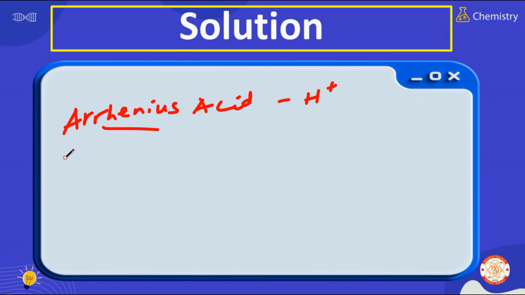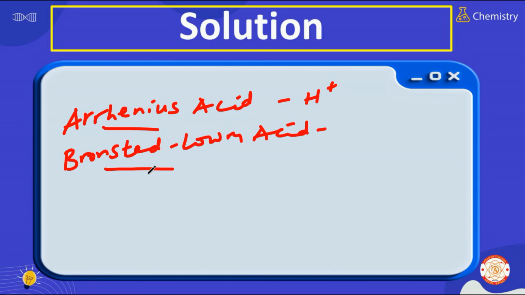And the second definition is Bronsted. So the concept of Bronsted acid is as follows. Bronsted defined acid as a substance that donates a proton or protons.